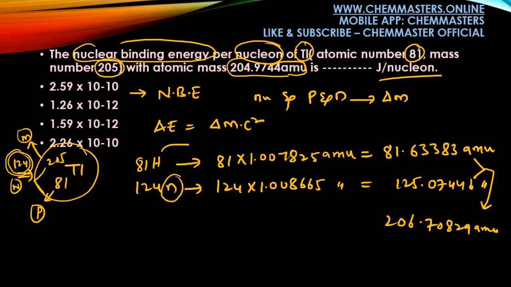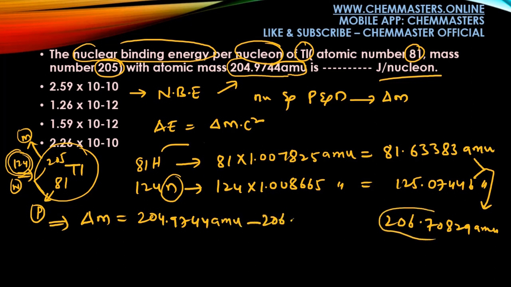Now we can determine the mass defect, that is delta M equals the actual atomic mass of thallium, 204.9744 atomic mass units, minus what we have calculated, 206.70829 atomic mass units. So here you get minus 1.7339 atomic mass units. This is the mass defect.